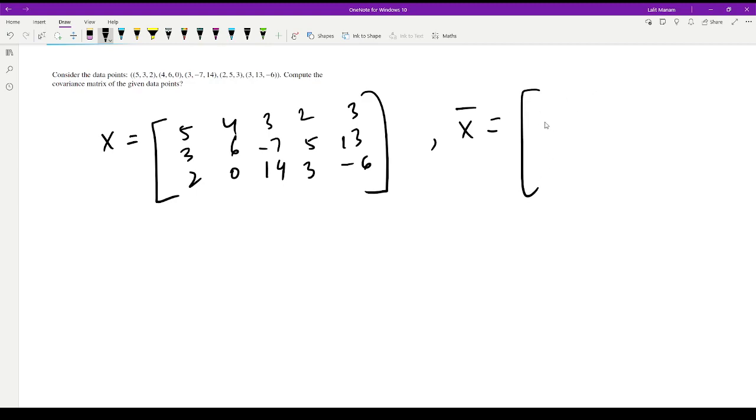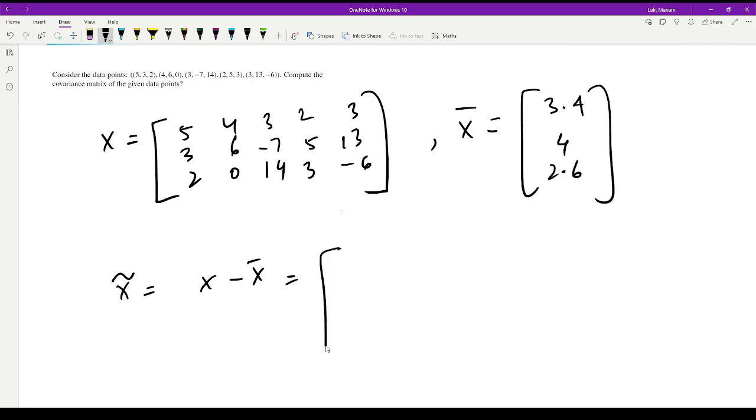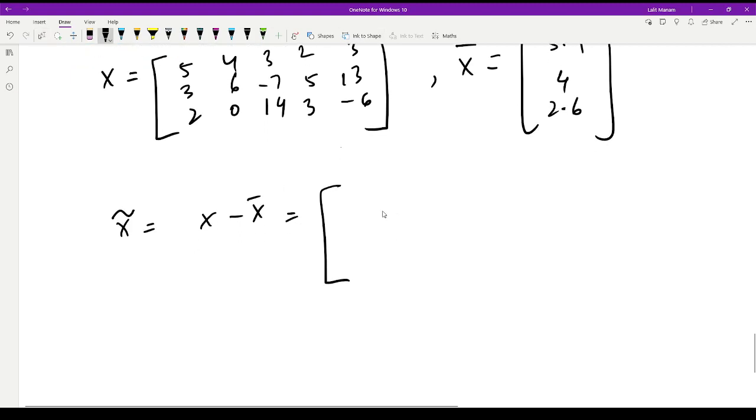Our mean will look something like this, and then we'll find the matrix x tilde as x minus x bar, which turns out to be a matrix like this. I'll just write it out.